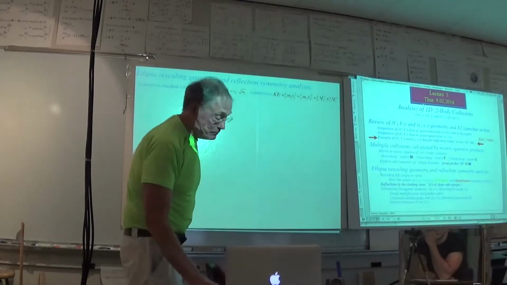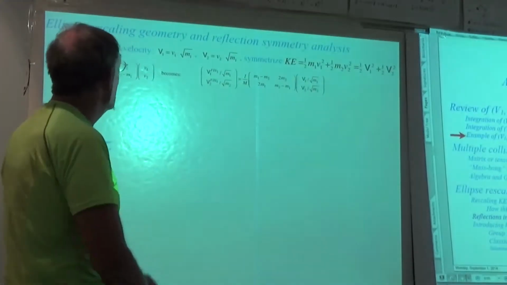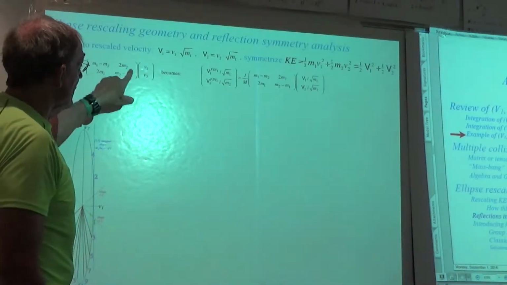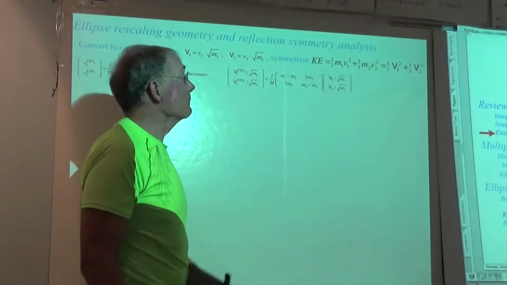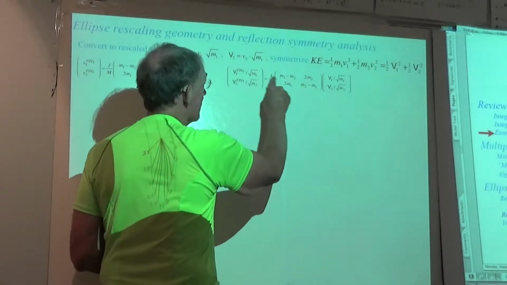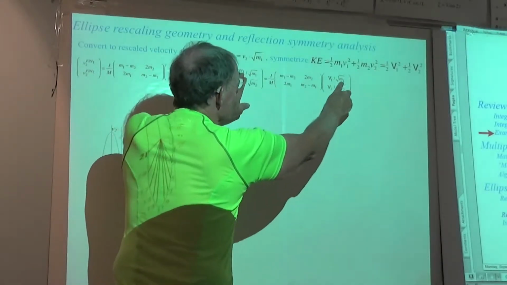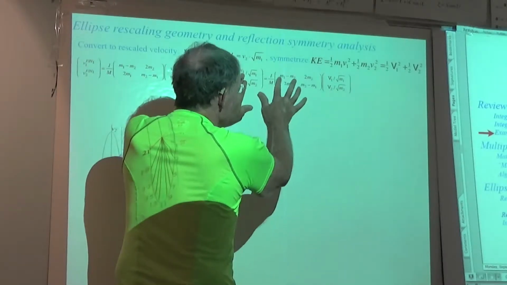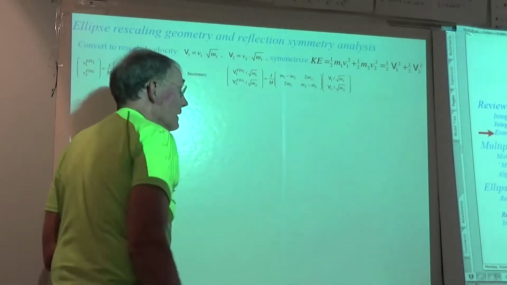And when you do that here, and this is the result, you get a matrix that, this matrix right here, it can be changed so that it's simply a transformation of the uppercase V. So I go through here, and that means I have to multiply this thing by a square root of m if I were to just have it V1 here. And then I have here to divide, that has to divide by that m, so they cancel, there will be no factor there, but I will get a square root of m2 coming in on that one.